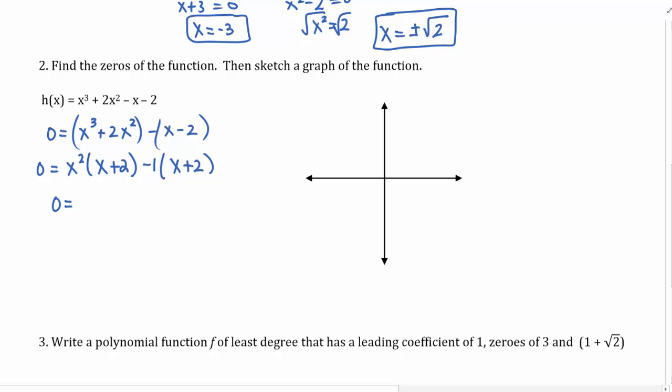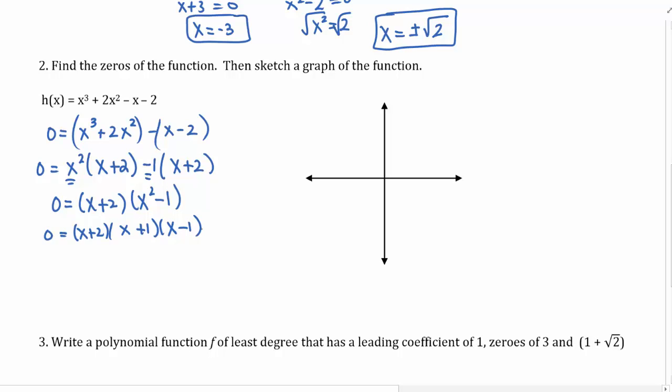I take out the GCF one more time, so x plus 2, and then I have x squared minus 1 left over. Order doesn't matter, but I still have to check to see if I can factor it again. This is a difference of squares, so that becomes x plus 1, x minus 1.